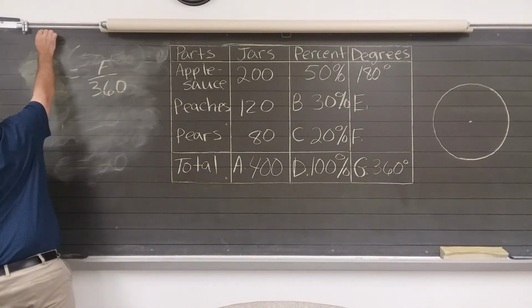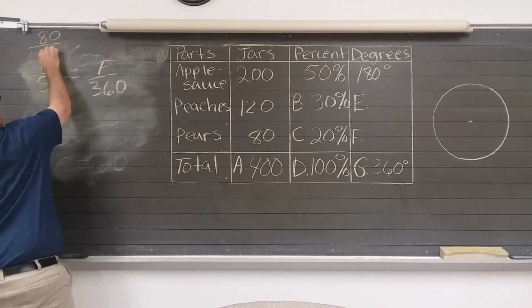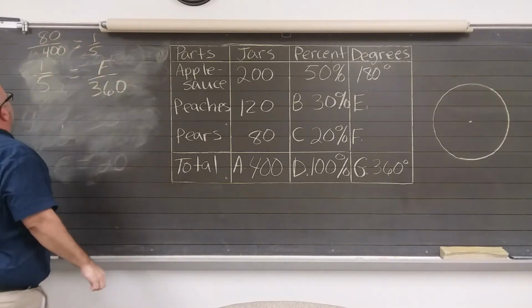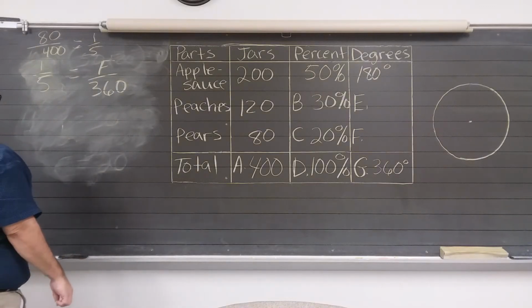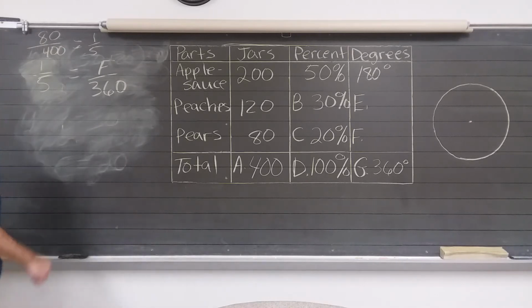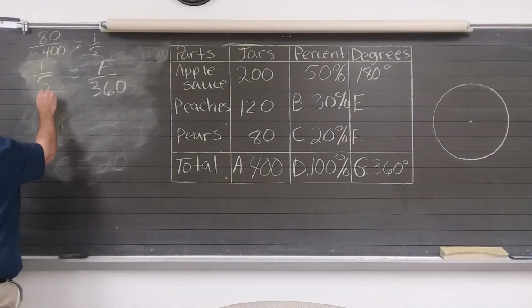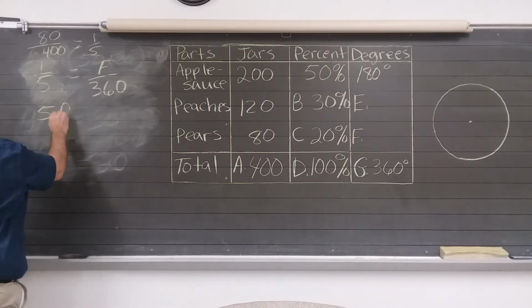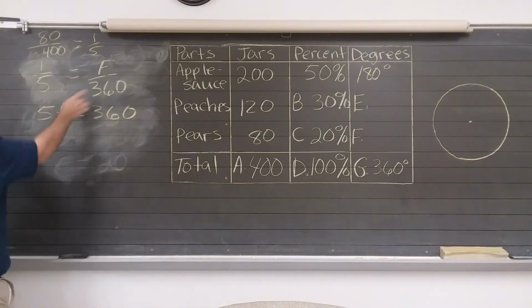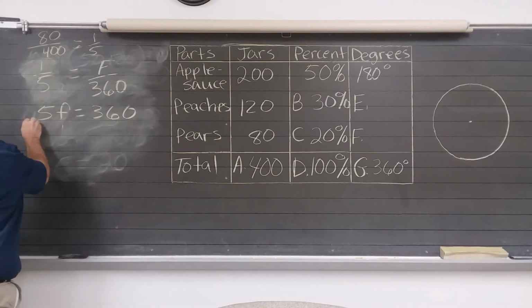So 80 over 400 equals 1/5, right? 8 over 40, 8 divided by 8 is 1, 40 divided by 8 is 5. Yes, so you can have this 1/5 equals F over 360, and that makes it quite a bit easier actually. You have 5F equals 360, which is 360 times 1, 360.